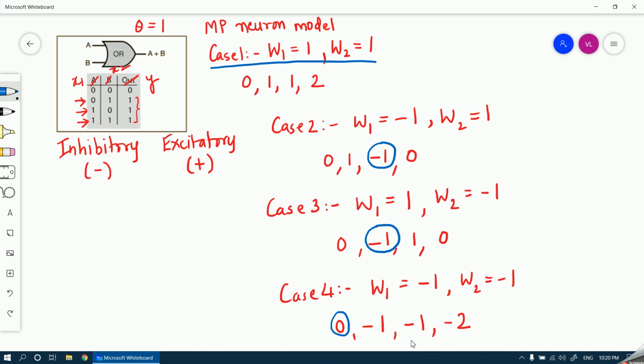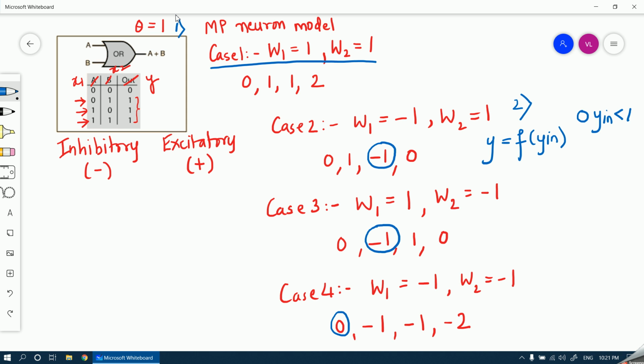Mathematically, we will write it as y, which is the output, is equal to f of y in, where y in is the activation function. A neuron will not fire when y in is less than theta. What is theta in this case?